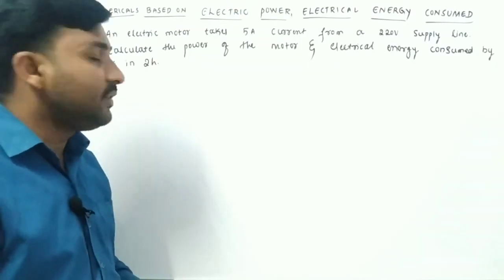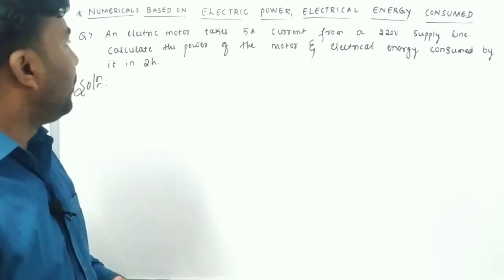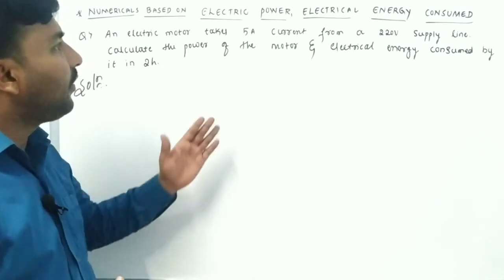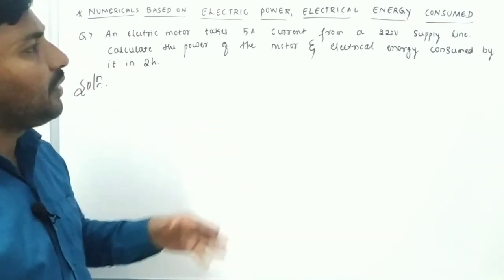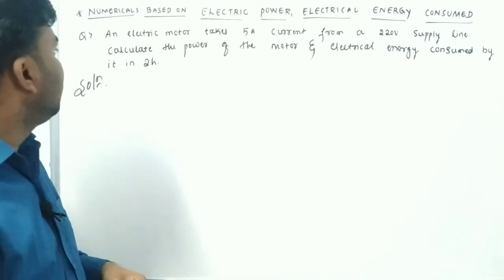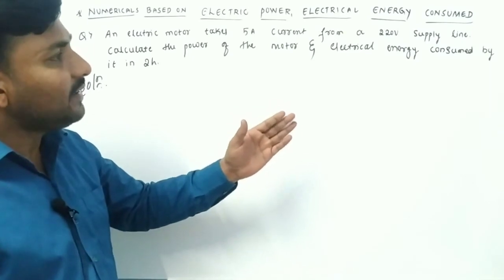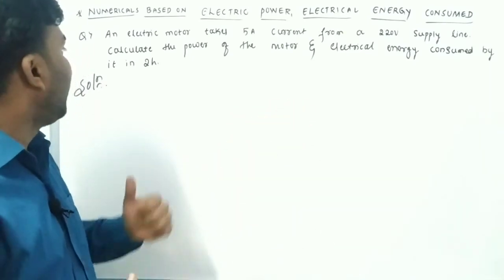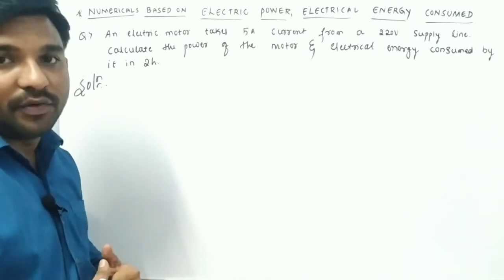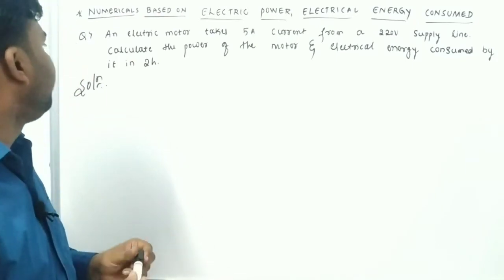The next problem is: an electric motor takes 5 ampere current from a 220 volt supply line. Calculate the power of the motor and electrical energy consumed by it in 2 hours. So this is the question.